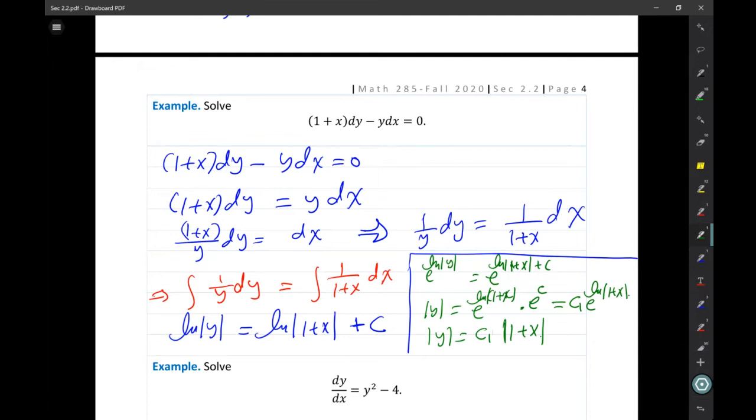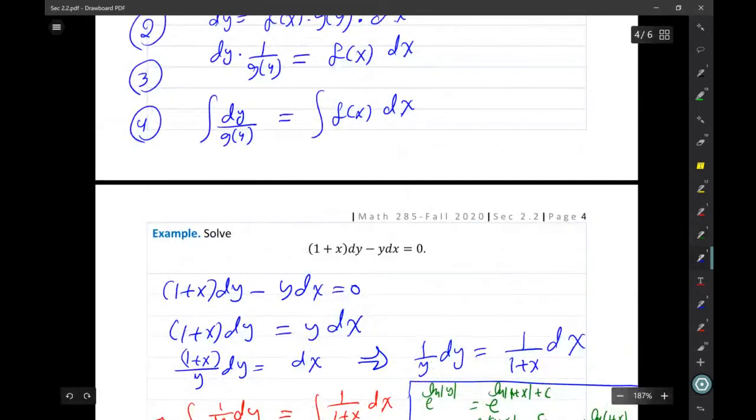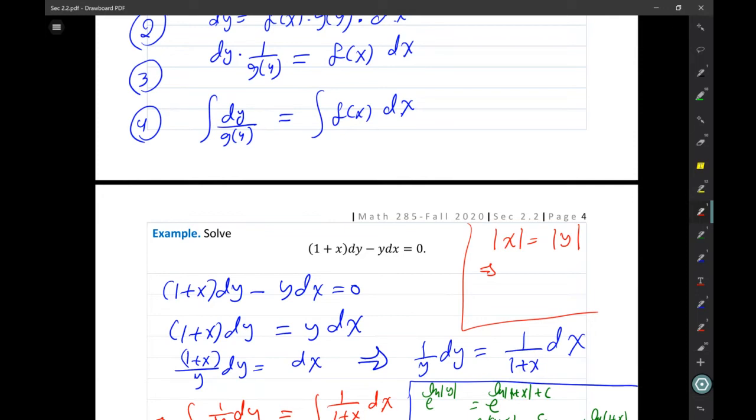And my question, from calculus 1 or pre-calculus: when absolute x is equal absolute of y, what does this mean? That means x is equal positive or negative y.